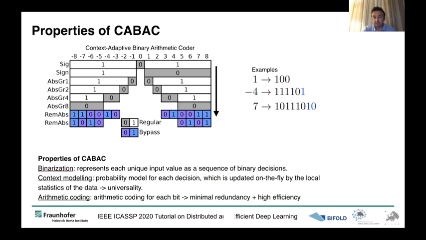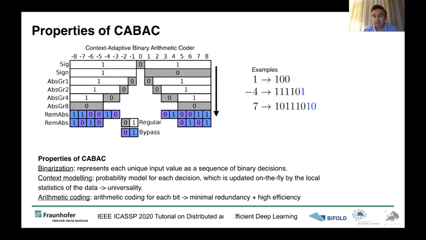It has some scan order, it scans the weight matrix of the neural network in some predefined order, and then it adapts to the probability distribution. And it applies arithmetic coding, so it has minimum redundancy and high efficiency.